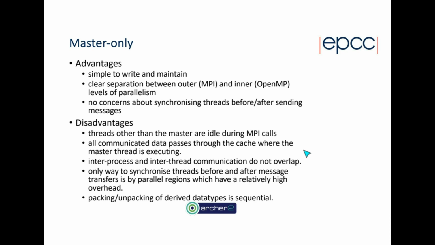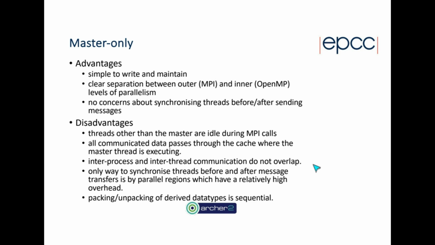Other problems: all the data that gets communicated has to pass through the cache where the master thread is executing. Whenever you communicate data, that implies the core is loading or storing that data from memory, so everything gets copied into the cache where the master thread is executing.